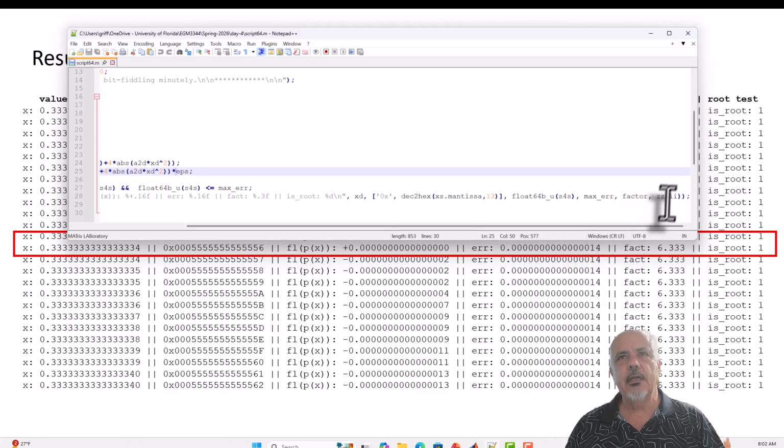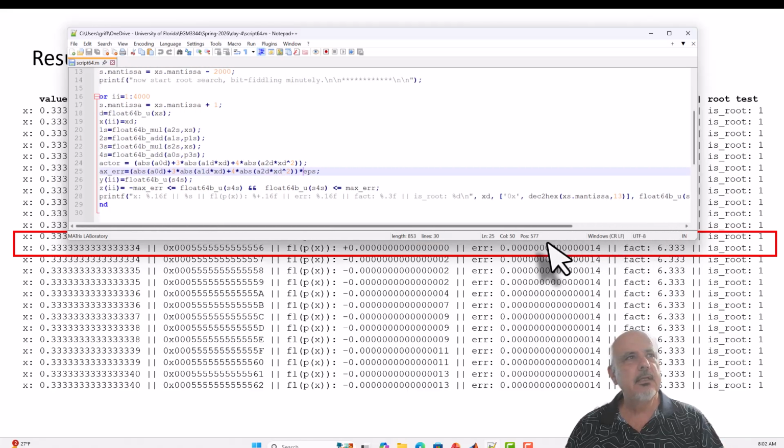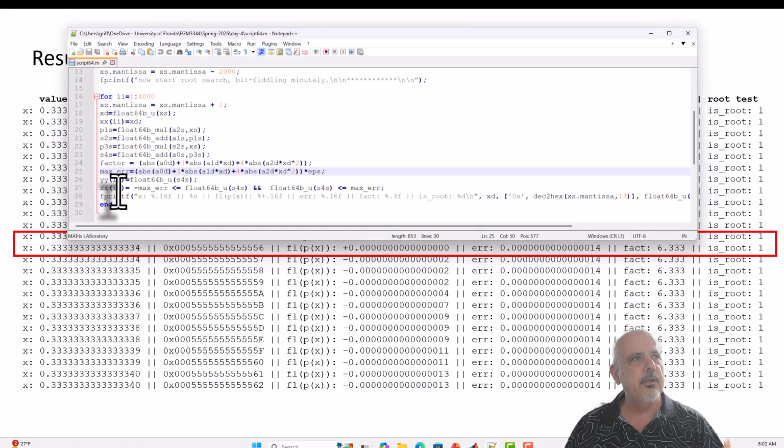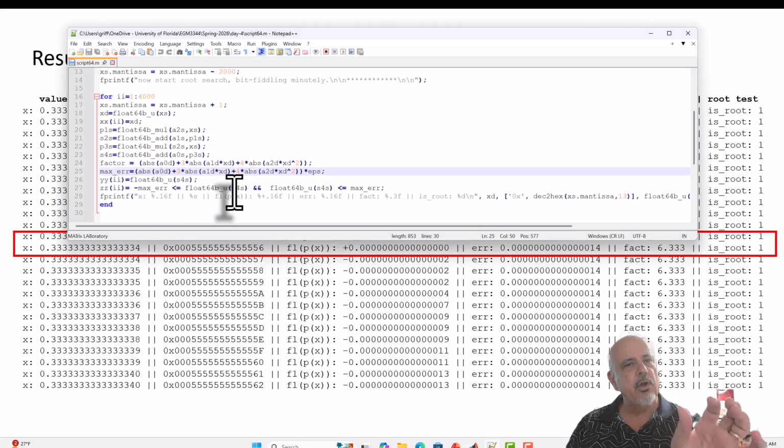And then the very last thing that's printed is root, and that's ZZ of the current iteration. So that's going to be a Boolean, 0 or 1. 0 if it's not thought of as a root, and 1 if it's thought of as a root. So you can see how I get that. If the float of that last Horner operation is greater than minus max error, remember this is signed, so you're seeing if it's between minus max error and plus max error.